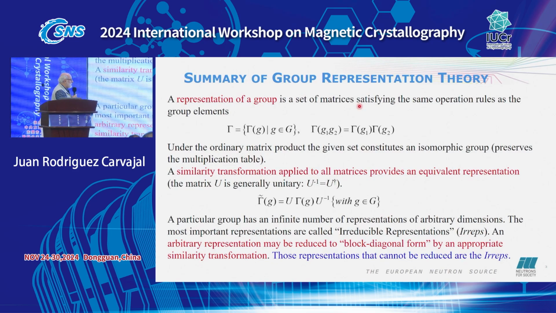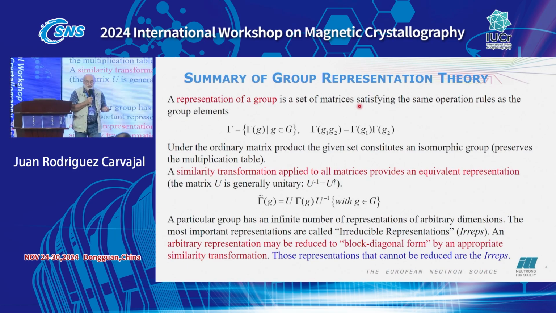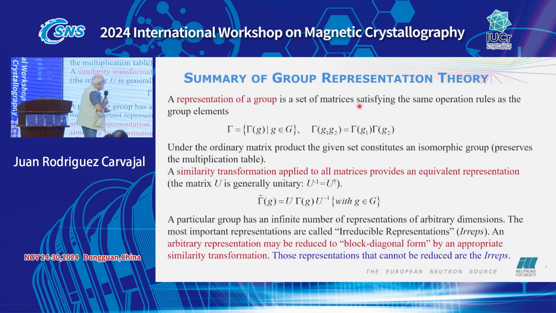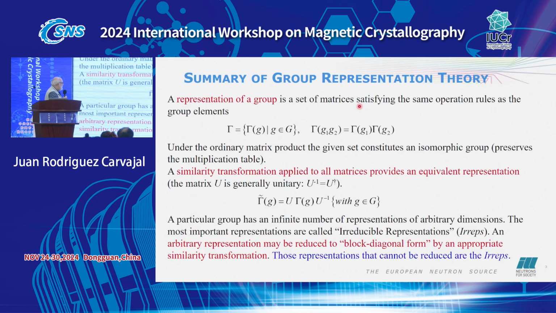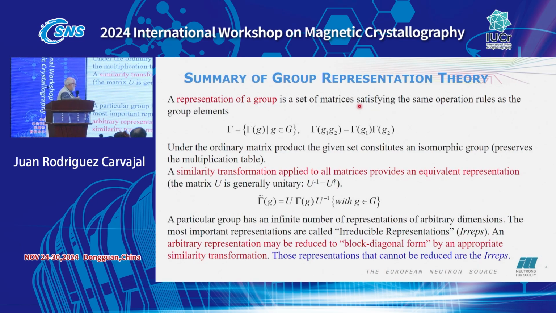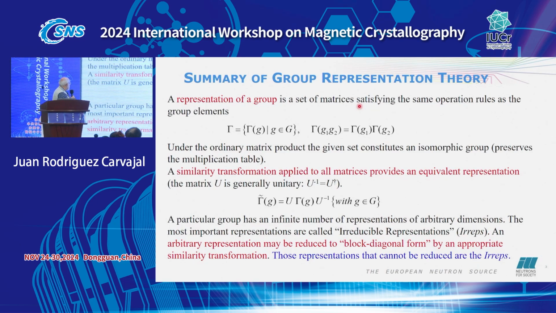One important thing that you have to know is this: whatever group has in principle an infinite number of representations, because you can use different dimensions, etc. And we have also equivalent representations. If you apply a similarity transformation to all matrices, that provides an equivalent representation.